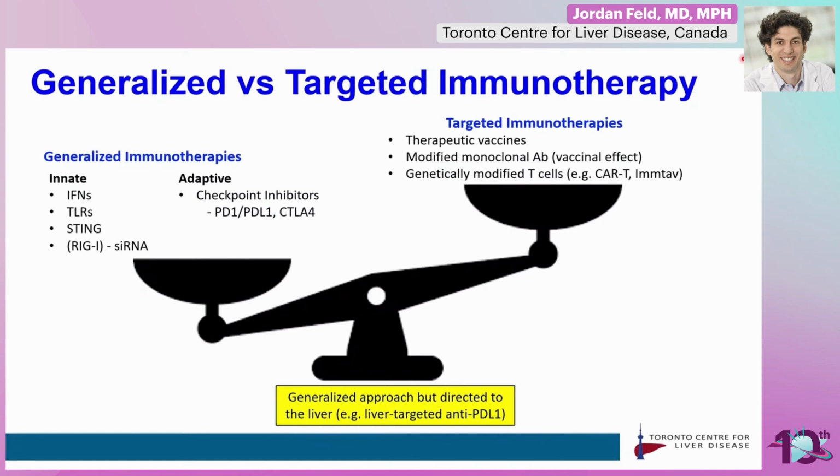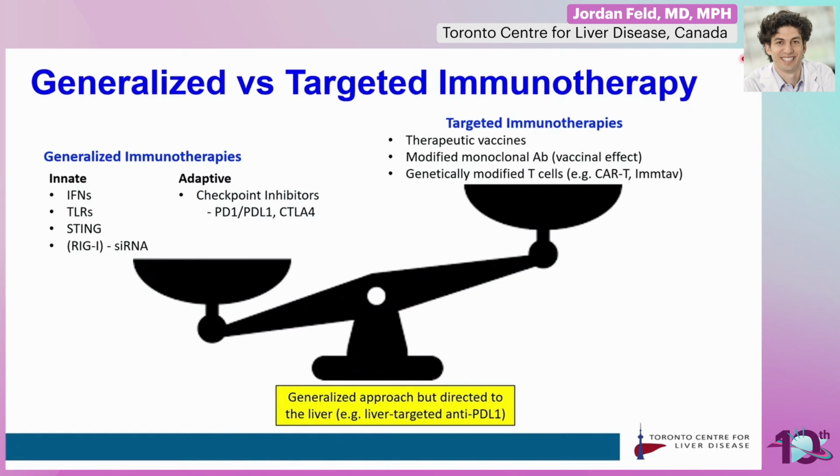On the flip side, you've got more targeted immunotherapies, which are really focused on the virus and how it's interacting directly with the immune system. And here, the paradigm, of course, would be therapeutic vaccines, but there are a few other approaches: modified monoclonal antibodies with the so-called vaccinal effect, or genetically modifying T cells, particularly to target them directly at the virus. So there are differences between these approaches.